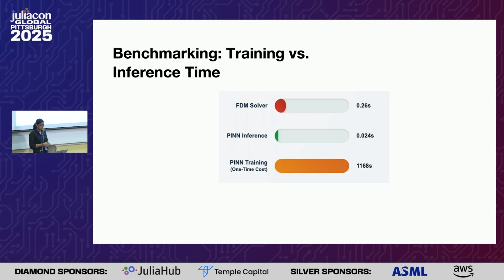But once it is trained, our physics-informed neural network becomes a surrogate model that can generate a new prediction in just 24 milliseconds. That's more than 10 times faster than the original solver. This speed is what enables applications like real-time forecasting or large-scale uncertainty quantification studies, where thousands of model runs are required.